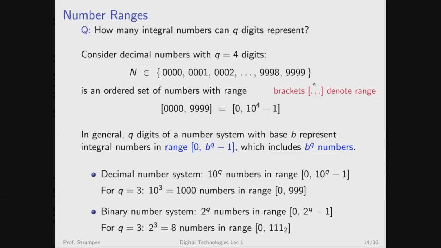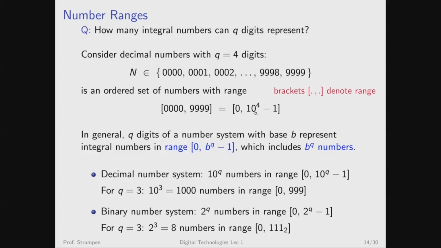Right? Now, we obviously don't want to write large sets of numbers by enumerating all of them. A much more concise way of denoting such a set of numbers is the bracket notation for the range of numbers. We use brackets to enclose the smallest number in the set and the largest number in the set. Now, notice in this particular example that 9,999 equals 10 to the power of 4 minus 1.